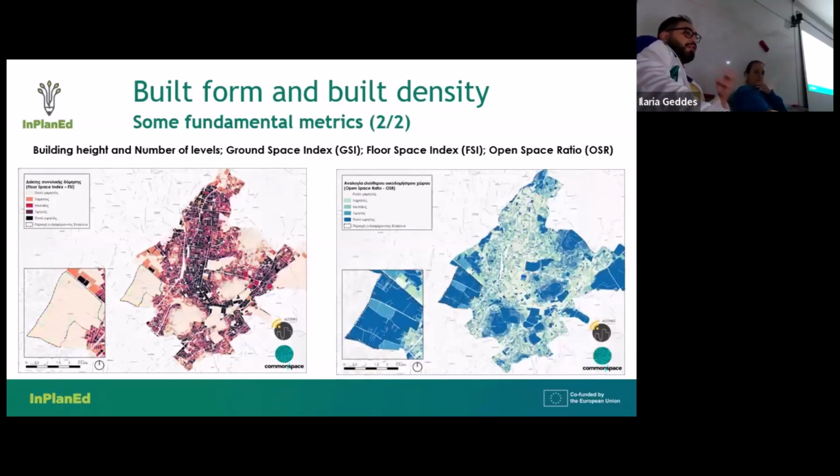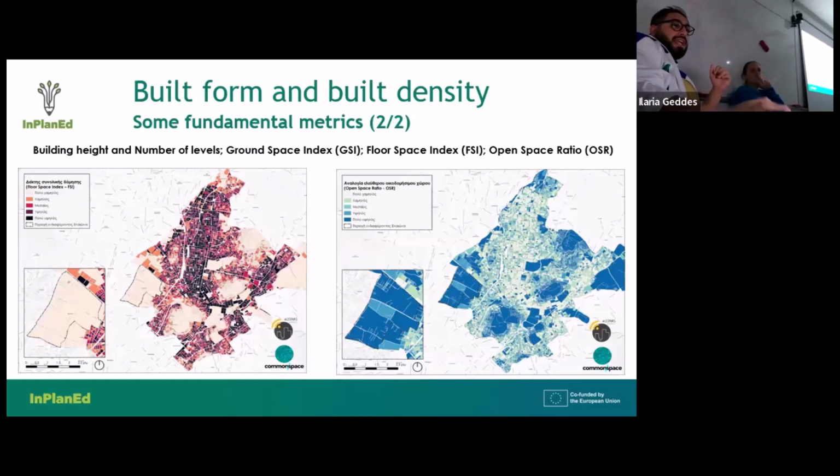A different aspect of the city can be seen by the more usual metrics of built form, with the building height, the number of levels, but also the ground space index, which refers to the percentage of built-up area in each block, and the floor space index, which is the whole volume of the built volume per urban block.